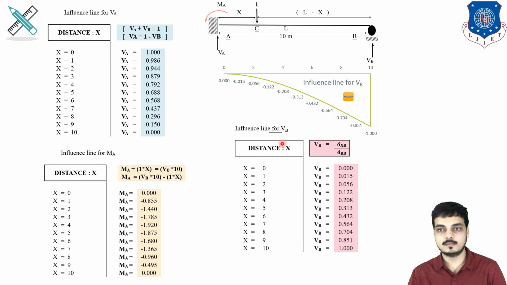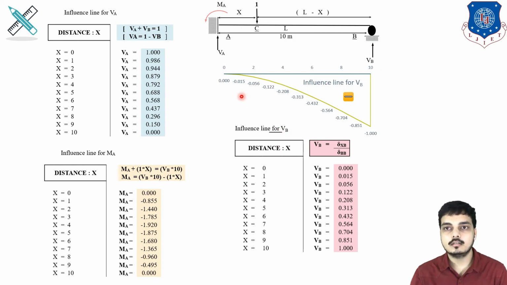Now I would like to explain how to draw this diagram. Look, mark points 0, 1, 2, 3, 4, 5, 6, 7, 8, 9 up to 10 and place the respective values 0, then 0.015, then this, and this, like this. You can place the values and then connect each and every point, and you have to make it a curve because the influence line diagram for an indeterminate structure is curvilinear.